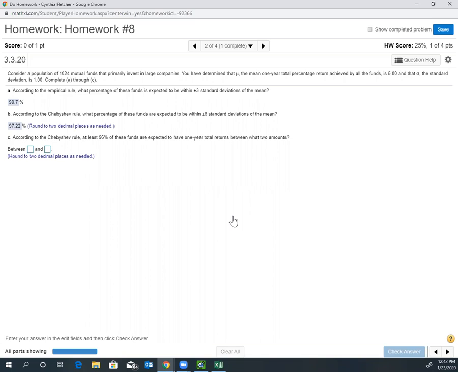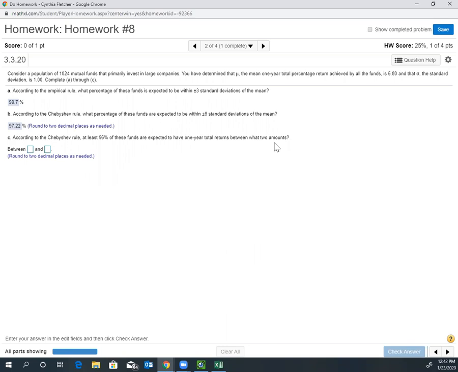it says according to Chebyshev's rule, at least 96% of these funds are expected to have a 1-year total return between what two amounts?